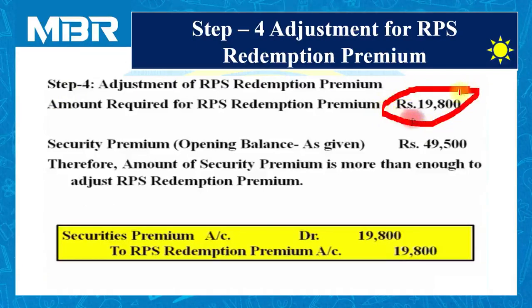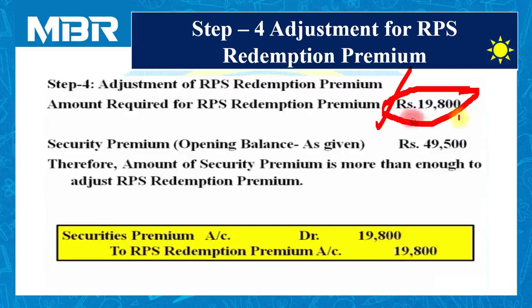Let us understand the requirement of adjustment. Here the requirement of the adjustment for RPS redemption premium is rupees 19,800. You can check step number 2 completed by us.